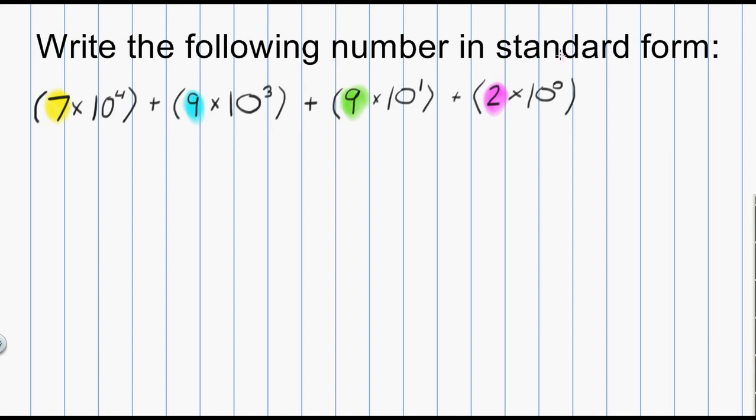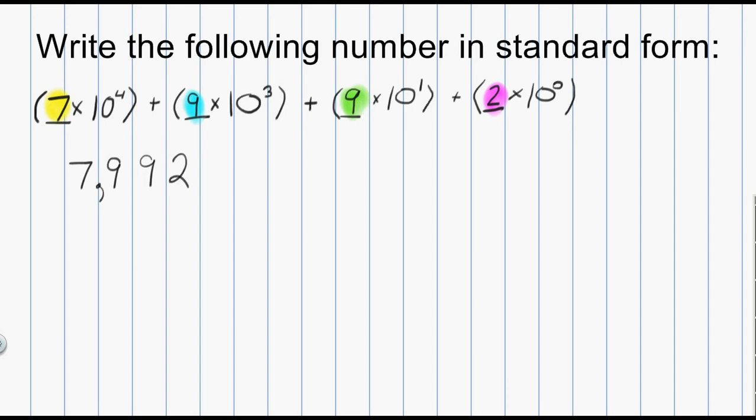They'll bring each of these whole numbers down and write them in order, left to right. So they go 7, and then 9, and then they'll bring this 9 down, and then this 2.